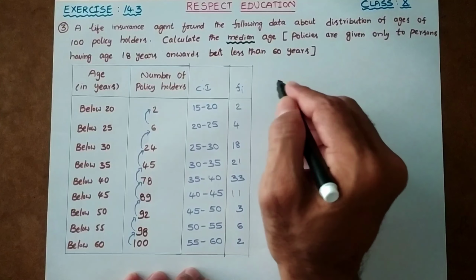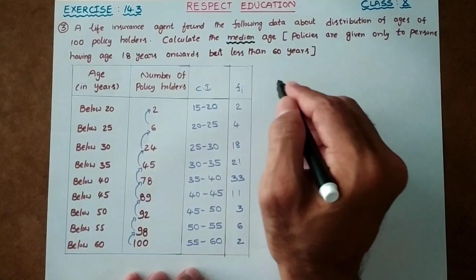Now substitute these values in the formula. Therefore we will have median is equal to L plus... I did not write L here. So let us write L is equal to, here you observe, this is 35 in the median class, the lower limit.